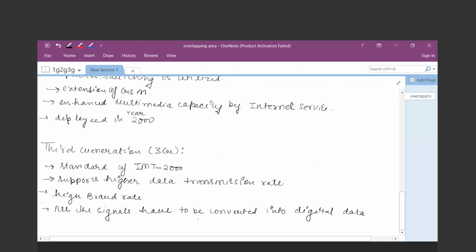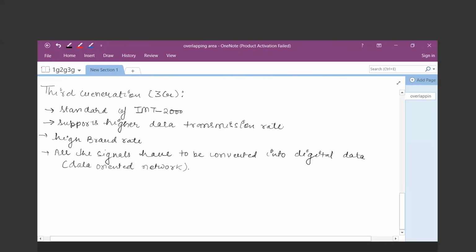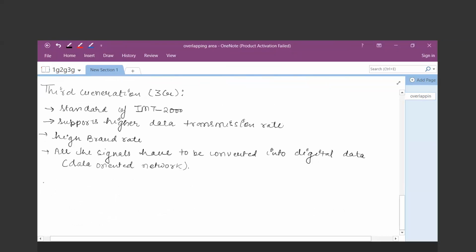It means it is a data oriented network. Just like 2G, it also utilizes packet switching technology, which means the resources are not reserved previously, before the communication.